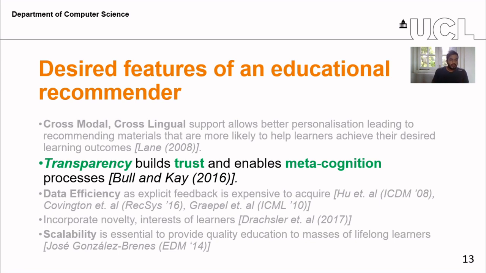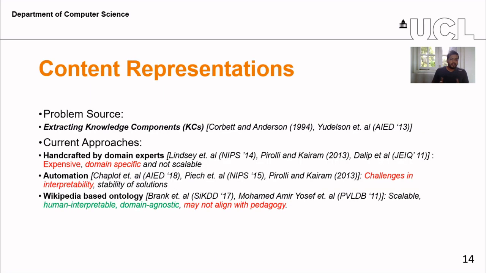And in terms of this model, the first thing that we had to think about is what type of representations we should have in this model. One of the main requirements of an educational resource recommendation system is to have a content representation.